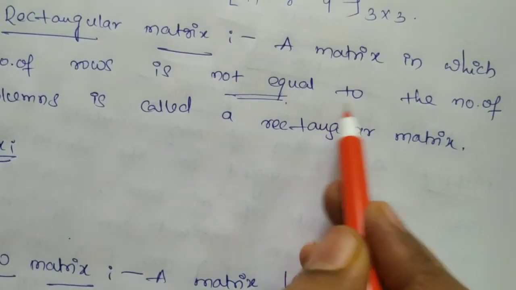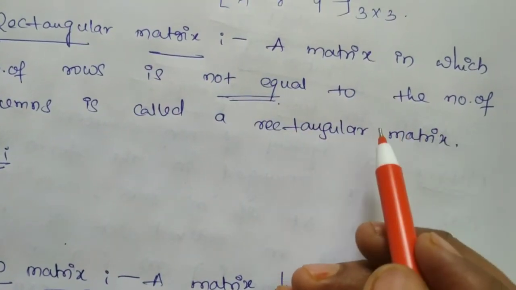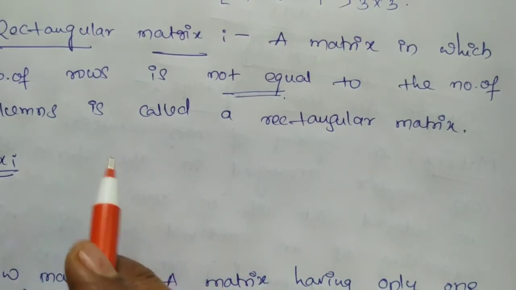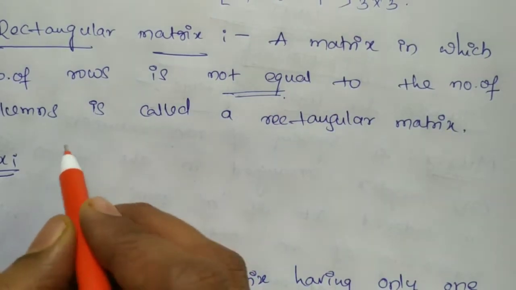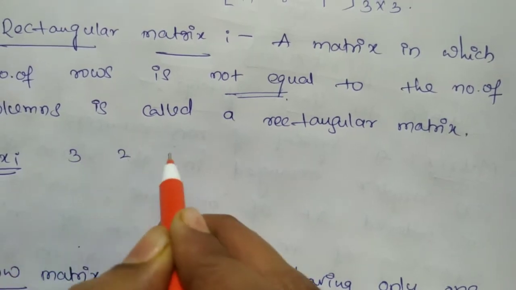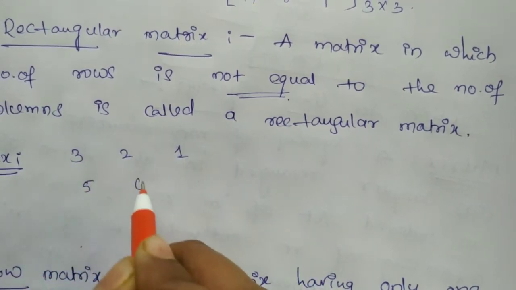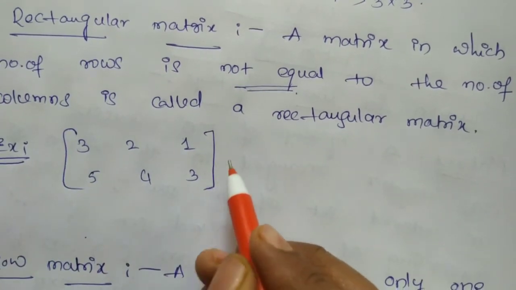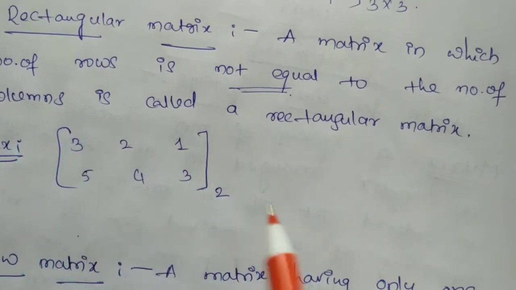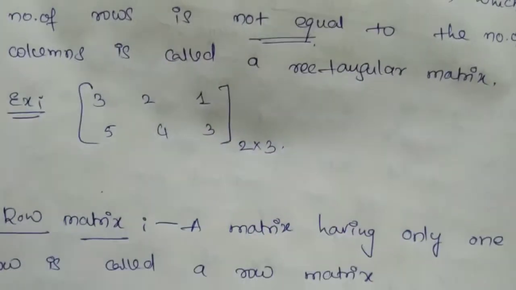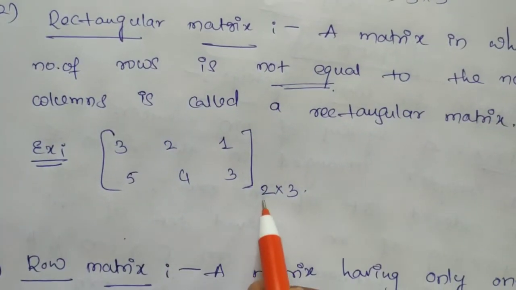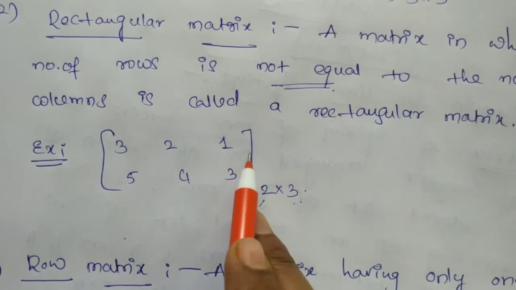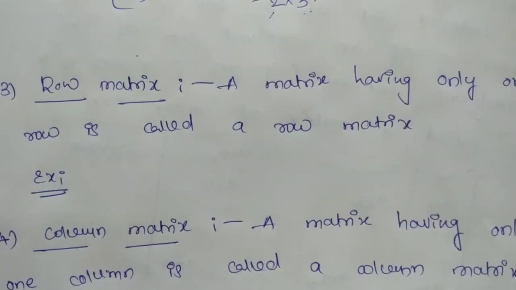Here I am taking one example: 3 2 1 in the first row and 5 4 3 in the second row. How many rows? Rows are 2 and columns are 3, so this is a 2 by 3 matrix. These are not equal, so this is a rectangular matrix.